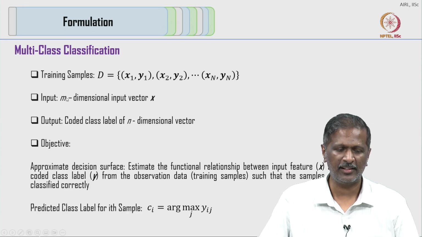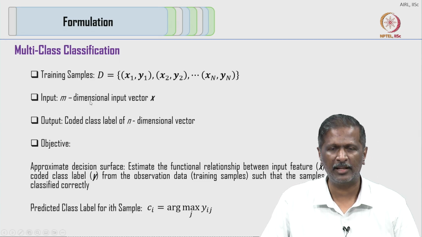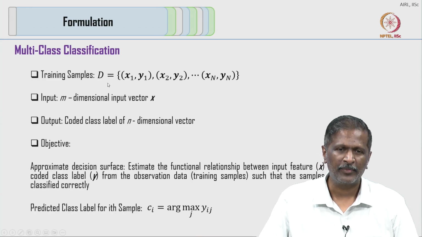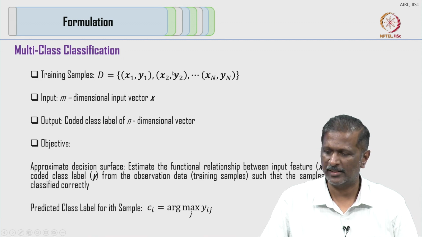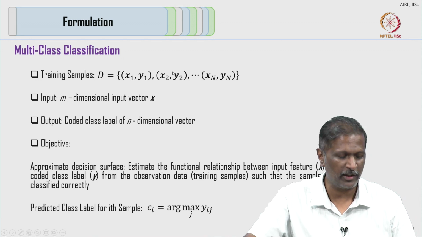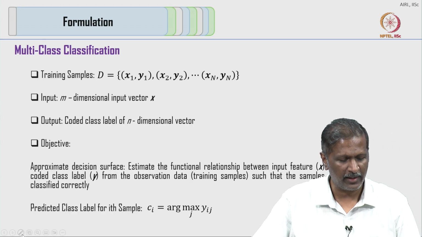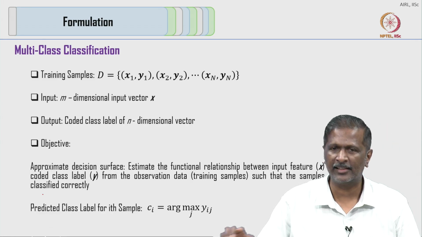So the input feature, I am again defining it as an m-dimensional vector. Each X is an m-dimensional vector, right? The output for a neural network, see, the class labels are always represented as 0, 1 or 2 or 3. These are integers, right? What happens is we cannot use this integer as it is, right?